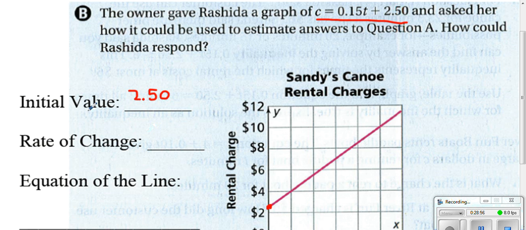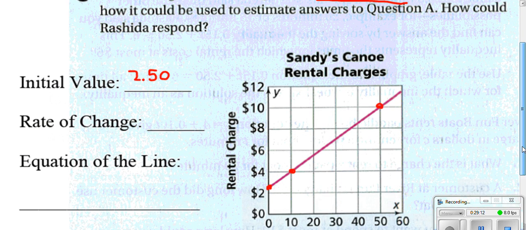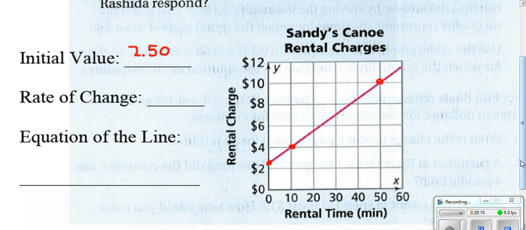To find the slope of this line, I'm going to pick 2 points that have perfect whole number coordinates. So I'm going to pick that point and this point because they are just perfect. I'm going to move this down a little bit. And I'm going to draw my triangle from here to here.